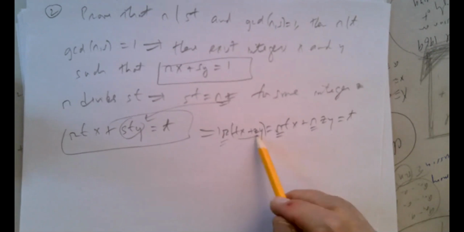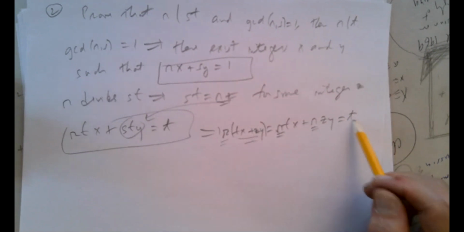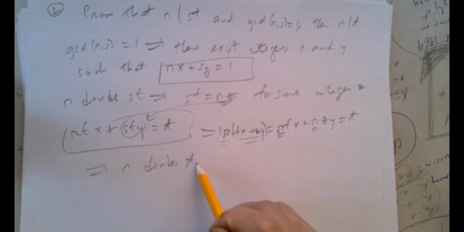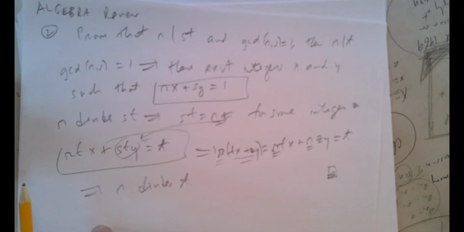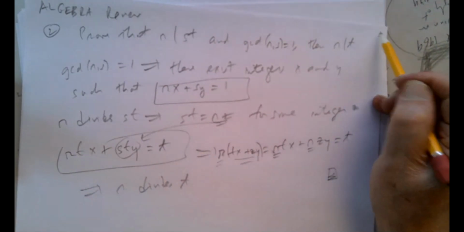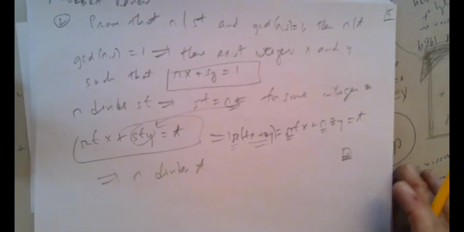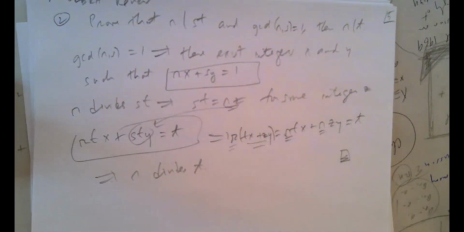So R is an integer, and this is an integer, and this product is equal to T. So R divides T. Questions about this?